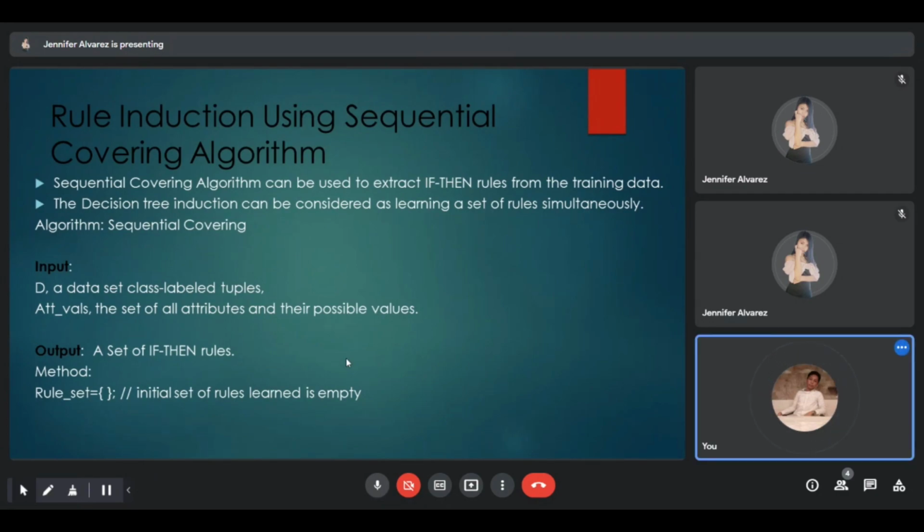Method: rule_set equals an empty set, // the initial set of rules learned is empty.